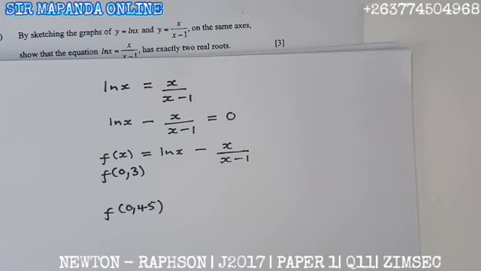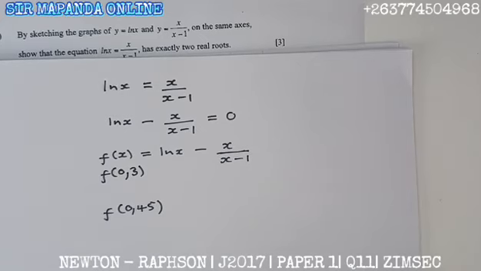A sign change implies that the root lies between 0,3 and 0,45. So if you have both positive or if you have both negative, it means the root is not lying in between. The root only lies in between 0,3 and 0,45 if there is a sign change, where one of the function is plus and the other is negative.